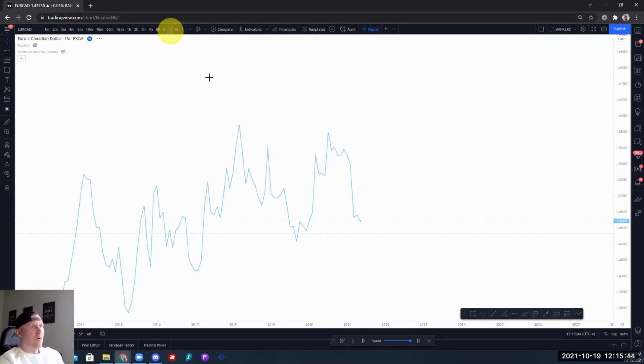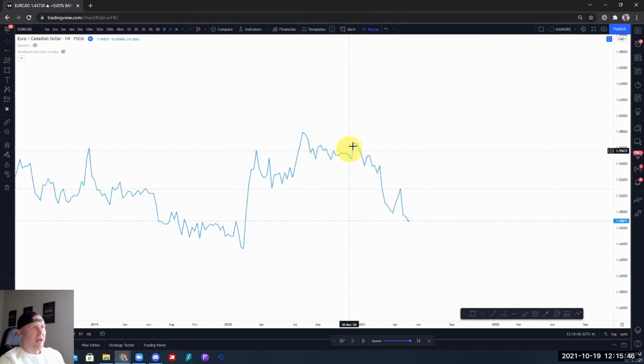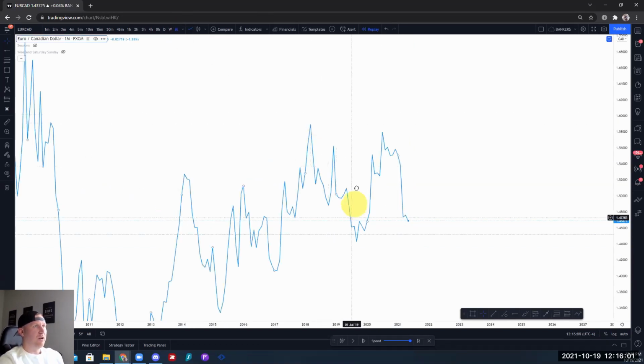Or they'll look at a weekly and say, okay, lower low, lower high, lower low, lower high, lower low, lower high, right? Just looking at this and thinking that this is bearish, when in reality, that's just a higher time frame retracement. And big picture, we're bullish, very bullish.